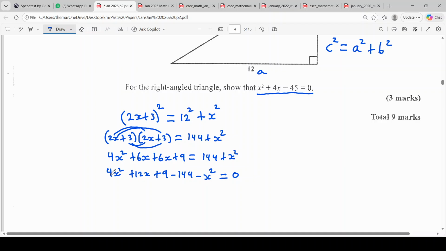And now we have 4x squared take away 1x squared, so that will become 3x squared plus 12x. 9 take away 144 is negative 135.